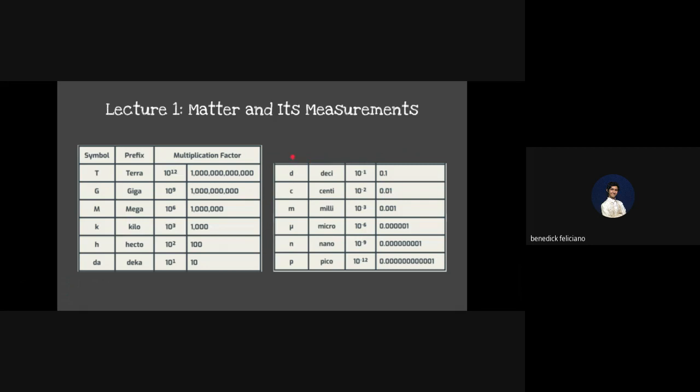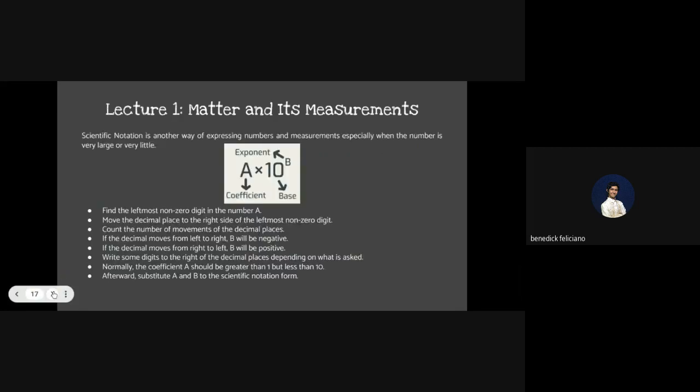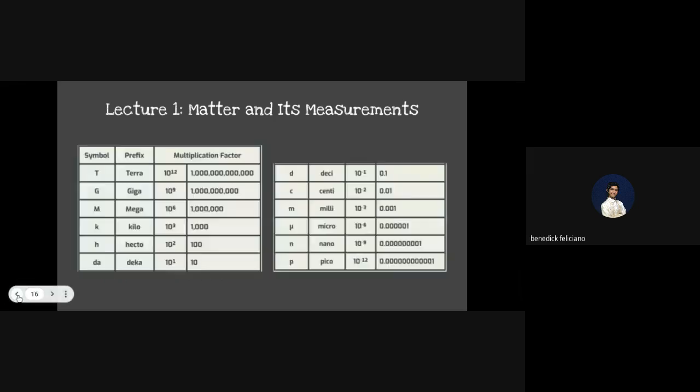For example, meter. 1 kilometer is actually 1,000 meters. 1 millimeter is 0.001 meter. 1 centimeter is just 0.01 meter, and so on. So we can convert by changing the prefix of the units.